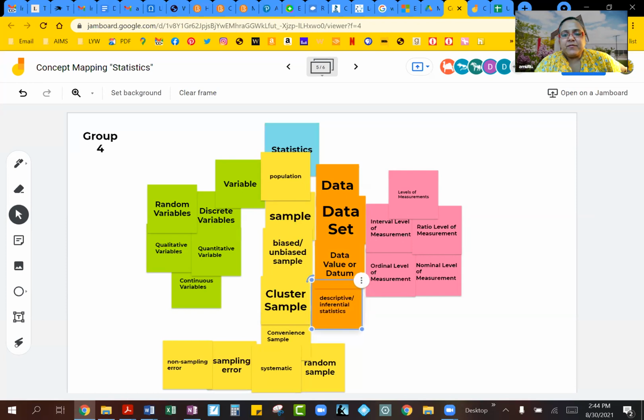Now, I'm a little confused with the descriptive and inferential statistics, because you put it under data, but that's where statistics breaks down into the two main areas. So again, just a little bit of reorganization, and I think you would have had a good flow.